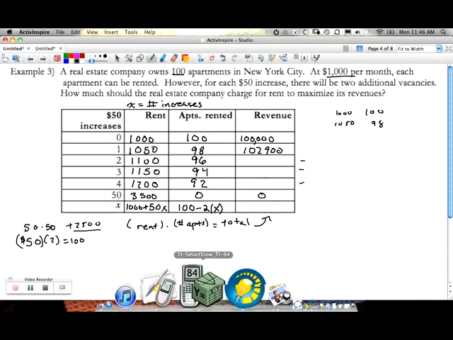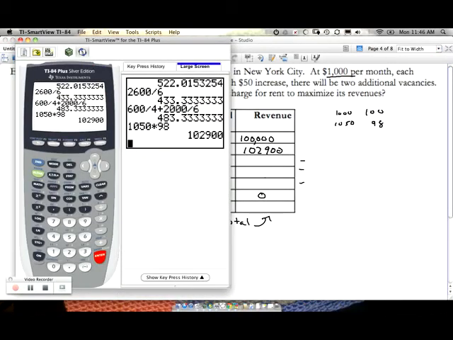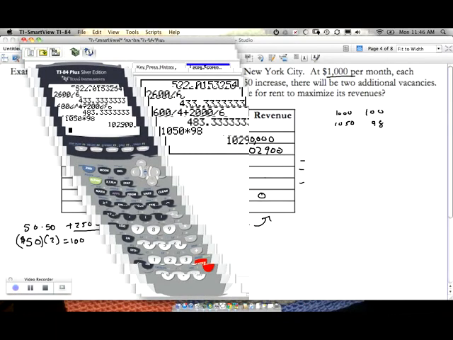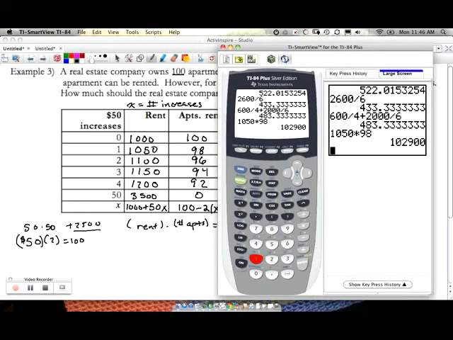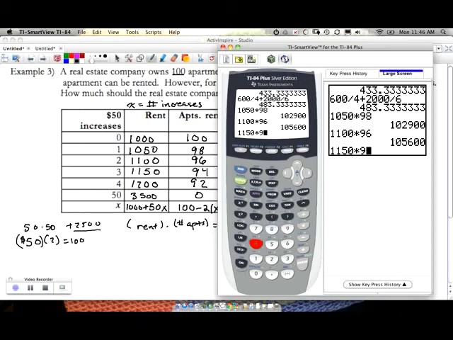So let's calculate. We have 1,100 times 96. We have 1,150 times 94. We also have 1,200 times 92.